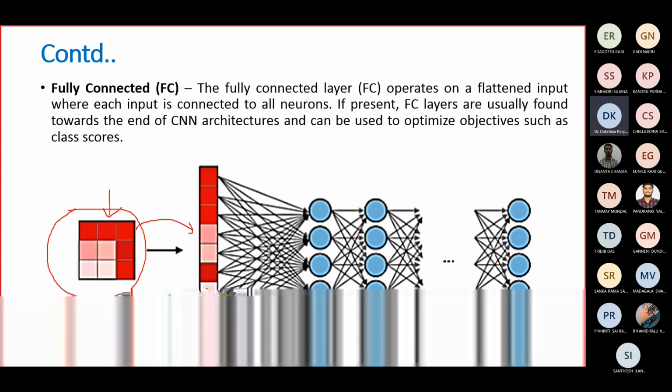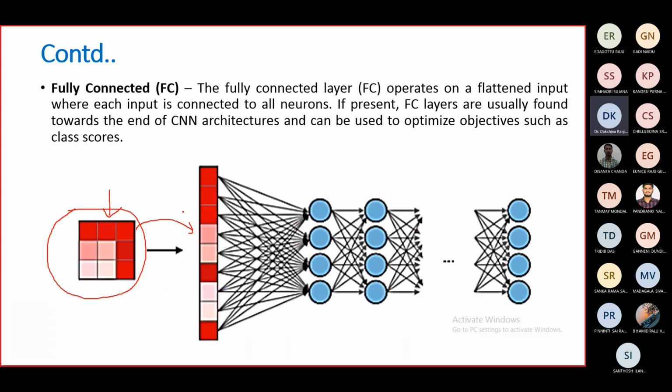To convert it into a one-dimensional feature vector, we consider each row in the feature map: the first row is arranged in the first position, then the second row is appended to the end of the first row, and the third row is appended to the end of the second row. In this way, we construct the one-dimensional feature vector.